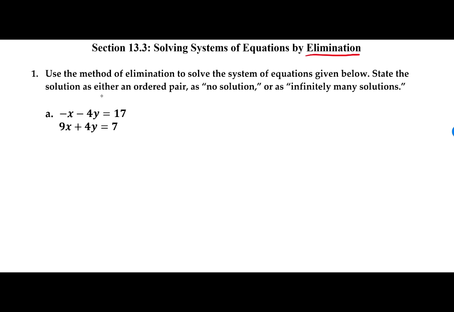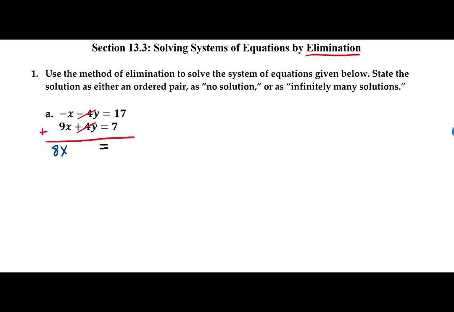So let's look at problem A, and what happens if we add these two equations together? Well, we could combine like terms. A negative x and a 9x will give us a positive 8x. And the negative 4y plus the 4y, well, those cancel. They're equal and opposite, so they give you 0.